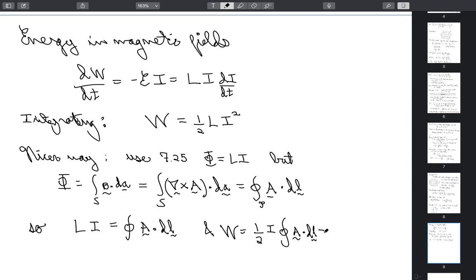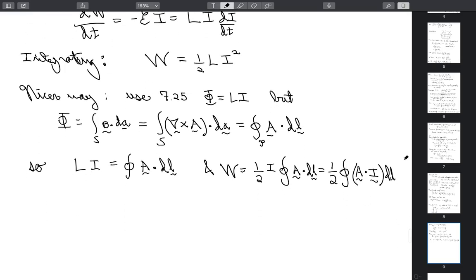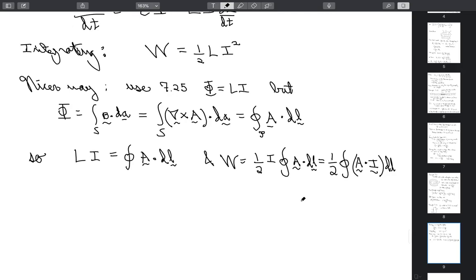Okay, and really what we can do is just write it like this for this configuration. It becomes the integral of A dotted into the current vector, times the length element of the loop. So now I've just rewritten the current as a vector along the dL that we have here.